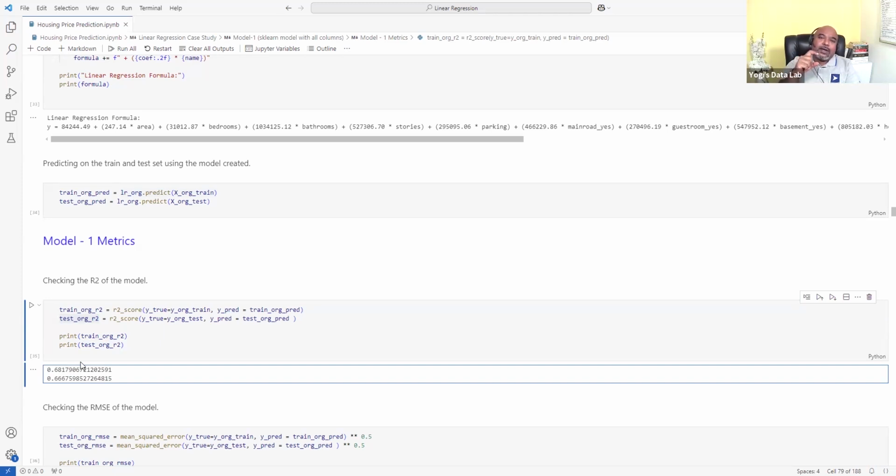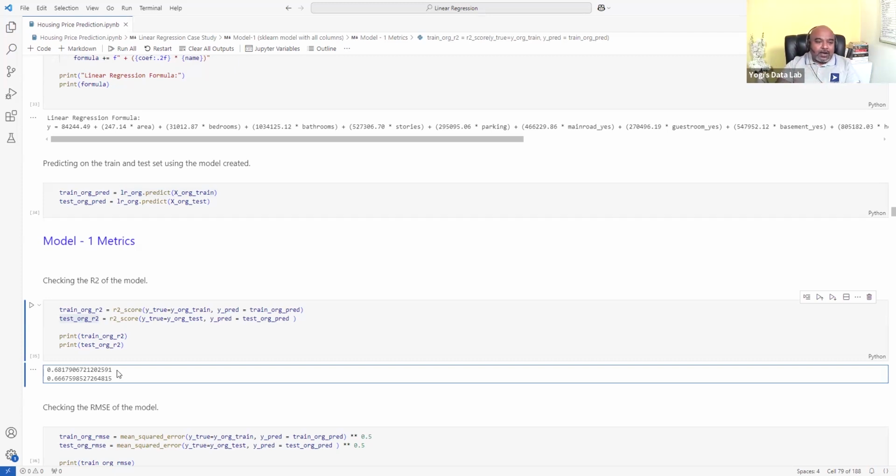So they're very close by, and since they are close by, I can say that the model is not overfitting. The results are also okay, they are decent, they are not very highly performing, but they are not very poor either. So 68, 70, 72% is a decent R square, which we can accept. Here with 68 and 67%, I see that the gap is less and they're very close to 70. So I'm getting a good model.